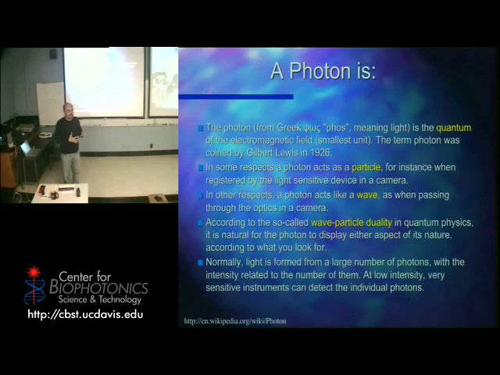Kind of everything centers around the photon. And why is that? Well, it's the smallest unit of the electromagnetic field. It's the quantum. And the photon has a really interesting property in that it can behave both like a particle and like a wave.